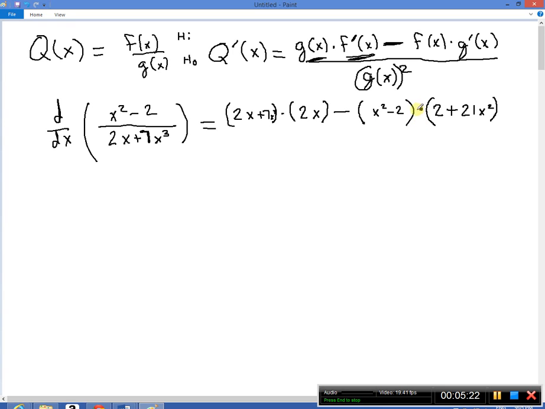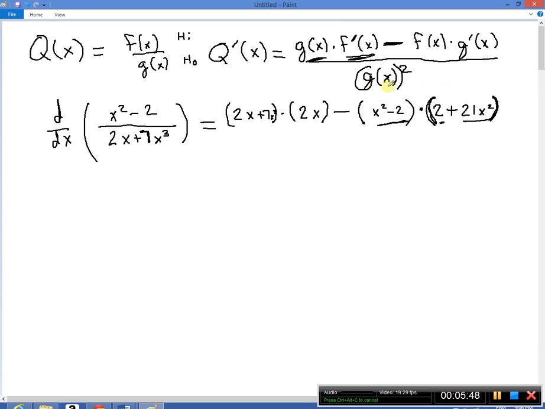When you multiply that numerator times the derivative of the denominator, you really have to put those parentheses there. Because what's going to happen if you don't is that you're going to forget that this 2 is not the only thing that gets multiplied by x squared minus 2, but also this 21x squared. In other words, this has got to be multiplied out or FOILed if you actually were going to do that.